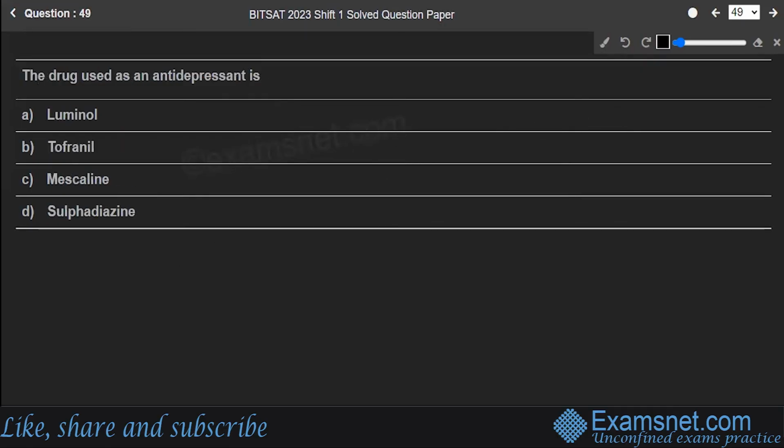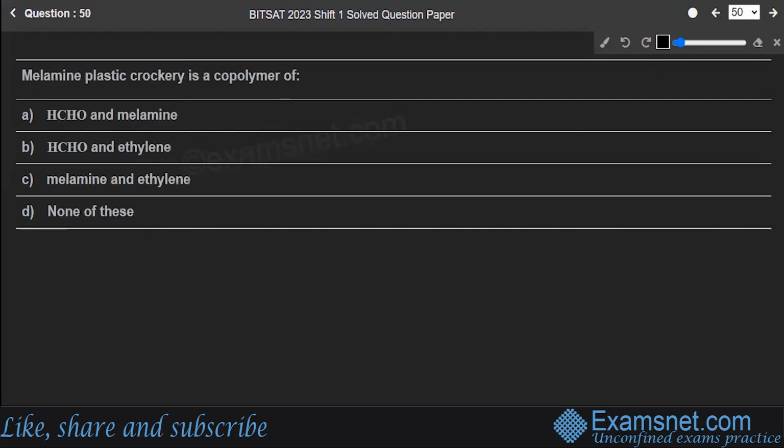Next is 49 question. The drug used as an antidepressant is luminol, tofranil, mescaline, or sulfadiazine. The right answer to the question is option B. Tofranil is used in the treatment of depression and option B is the right answer. Next is question number 50.